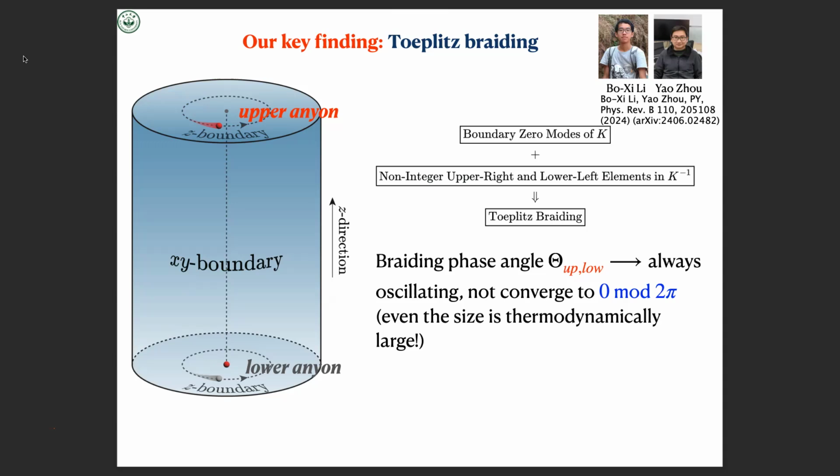We must avoid this very rare case. The main necessary condition is the boundary zero mode of K. Then we combine these two conditions together, and we have the so-called Toeplitz braiding.